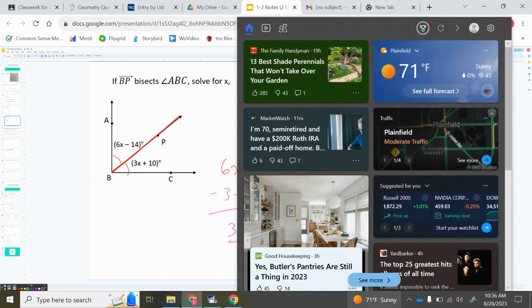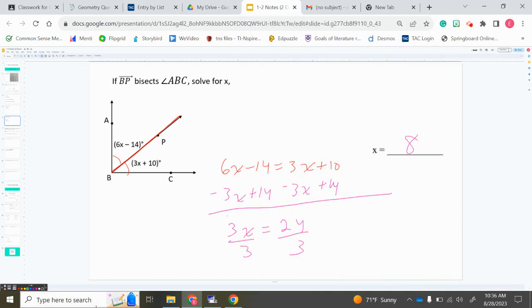All right, now to check to make sure this works, I'm going to substitute it in. So this will be 6 times 8 minus 14. This is going to be 3 times 8 plus 10. And both of those equal what? Who can tell me?